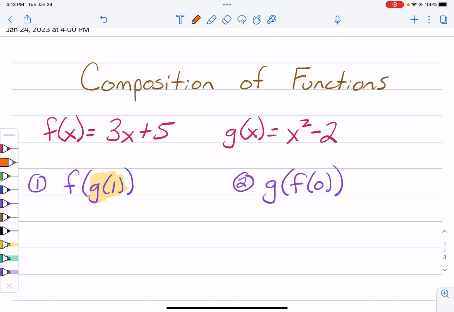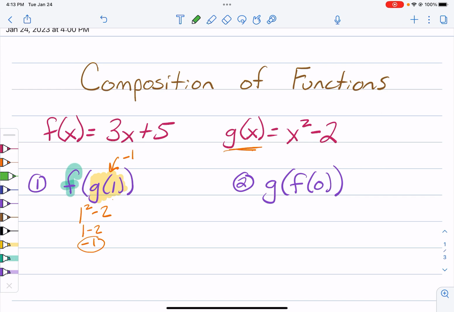So I'm going to use my equation for g, and I'm going to plug in the number 1. So I'm going to do 1 squared minus 2. So 1 minus 2 is negative 1. So the answer to g of 1 is negative 1. So using that answer, I'm now going to plug negative 1 into the equation for f, because my next layer of my equation is my f equation.